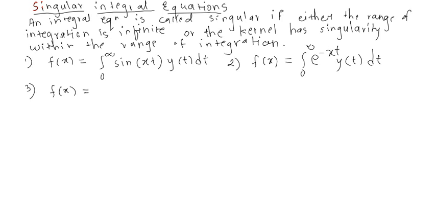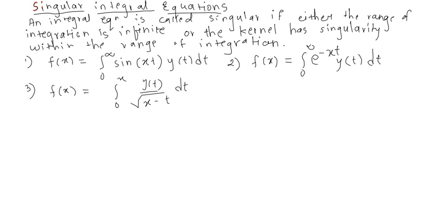Okay, now let us look at this. This will give us the example integral from 0 to x y(t) divided by root of x minus t dt. Okay, and t is varying from 0 to x. So for this, when t becomes x, what will happen?